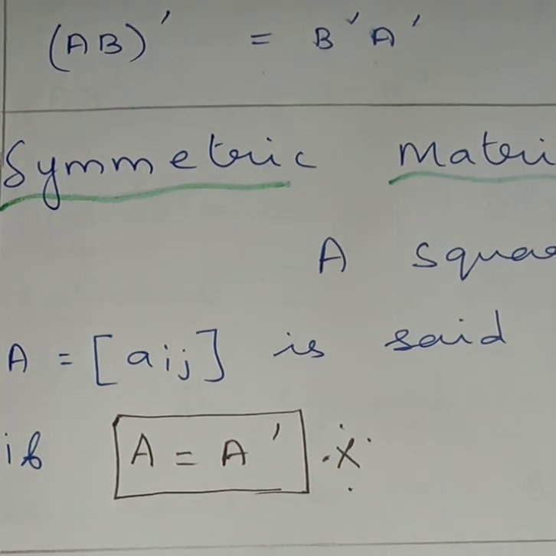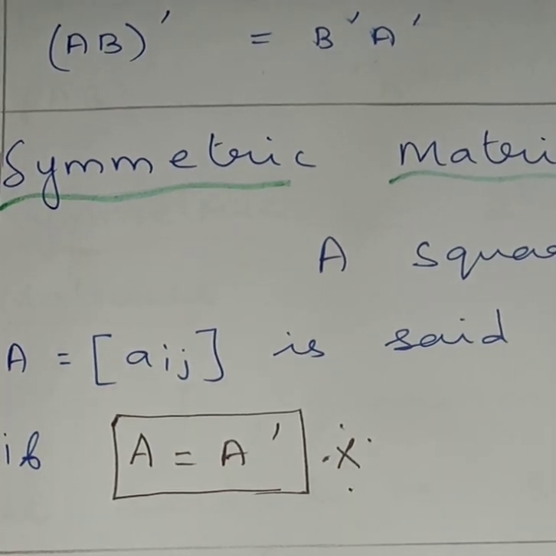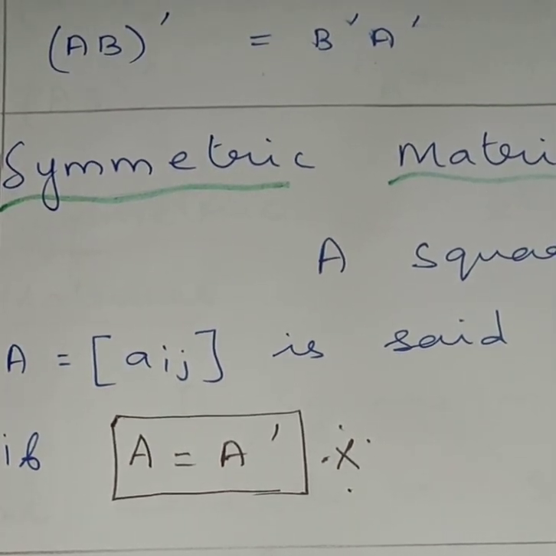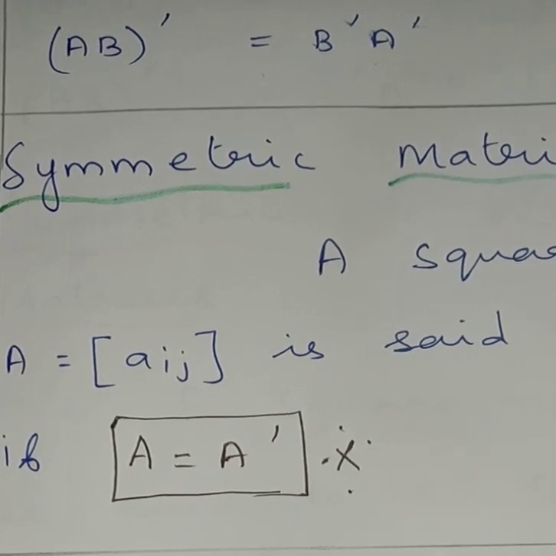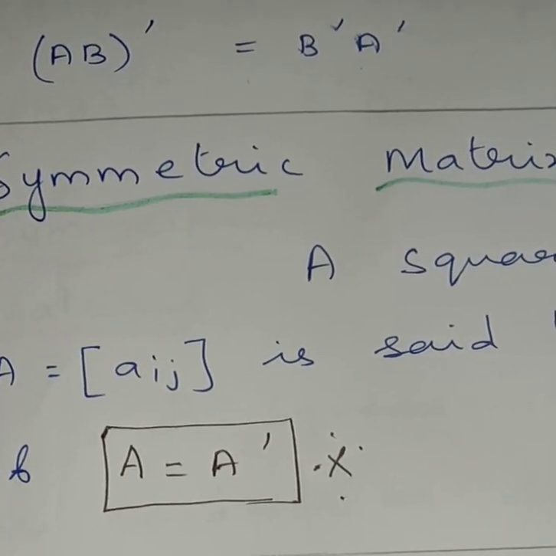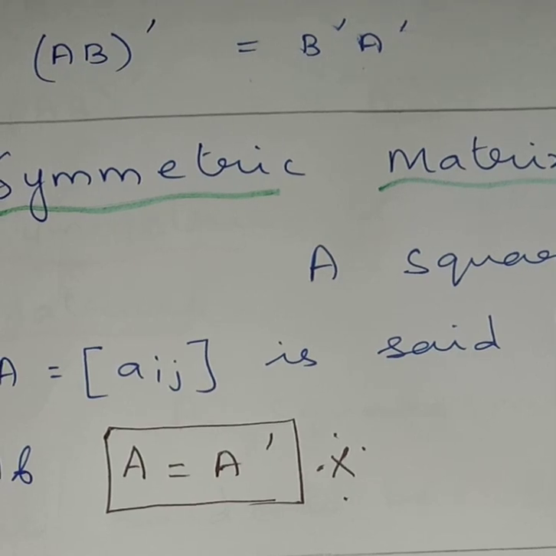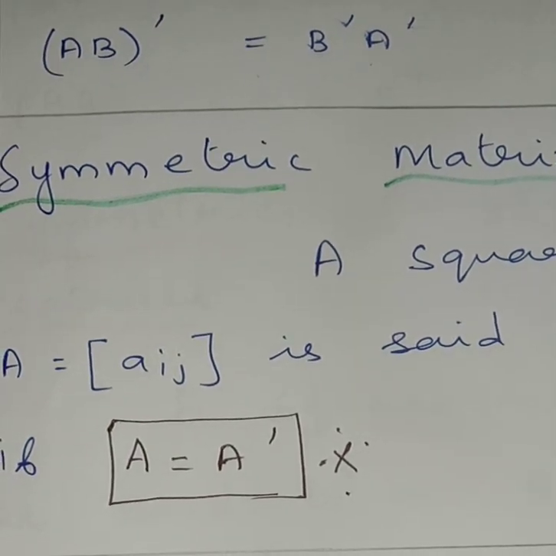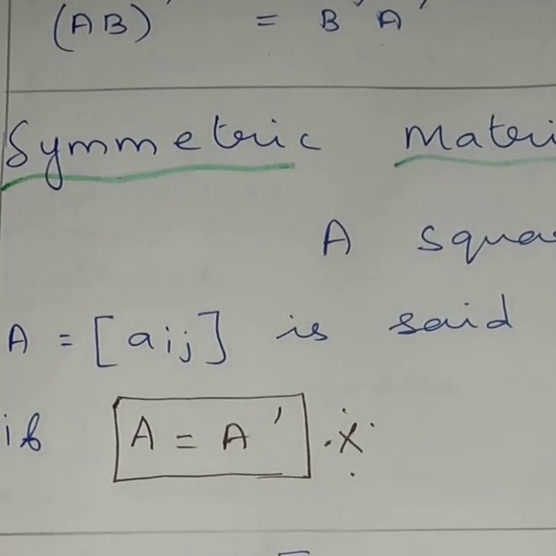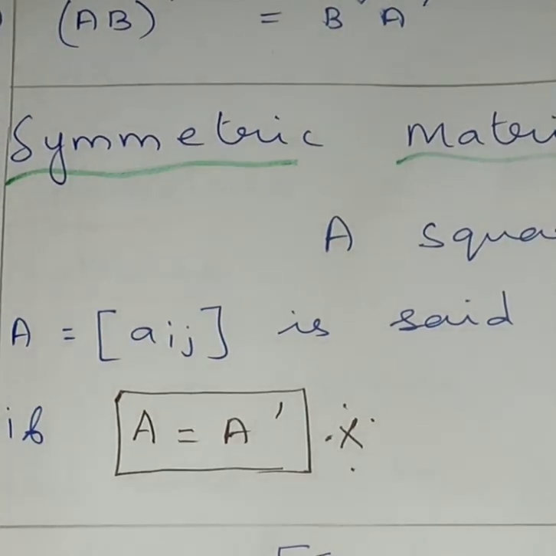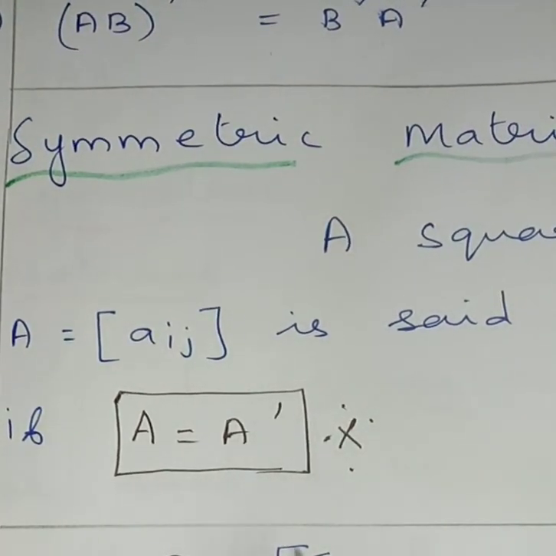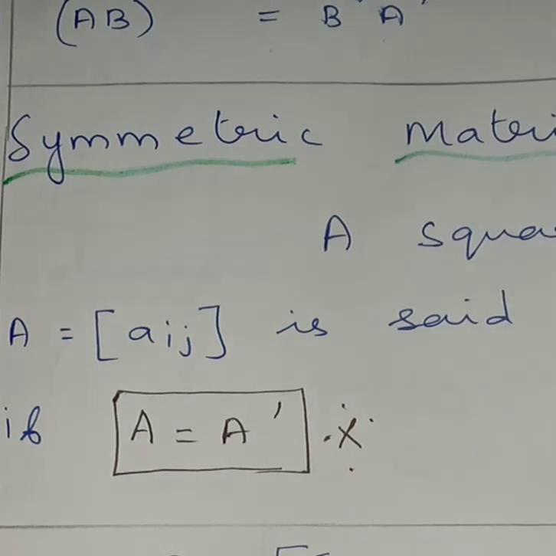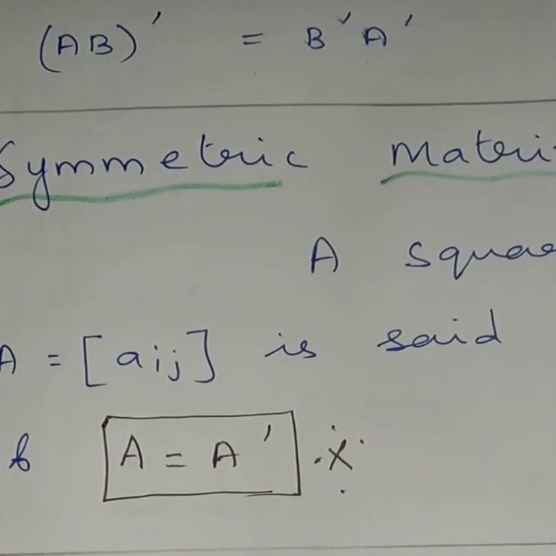Second row will become second column. Third row will become third column. Can you see both the matrices are same? After interchanging also we are getting the same matrix, which means A equal to A dash. Therefore this matrix is called a symmetric matrix because we are getting A equal to A dash.